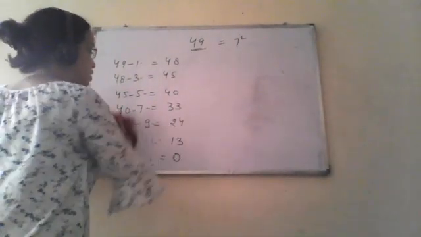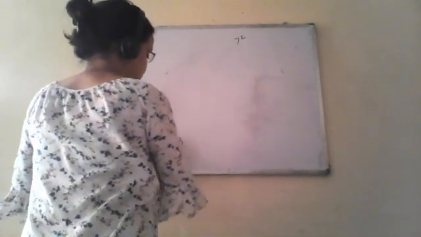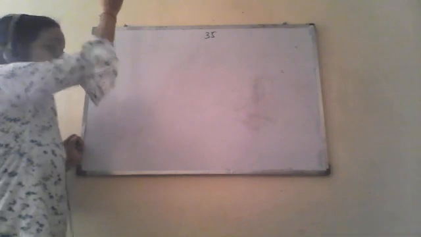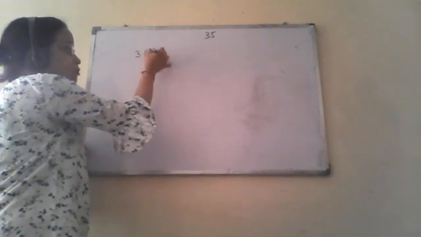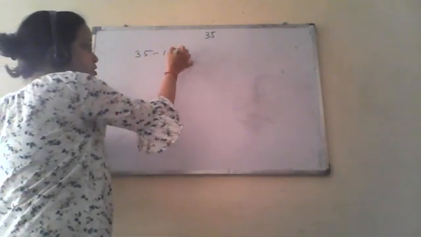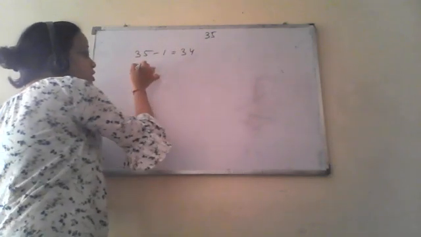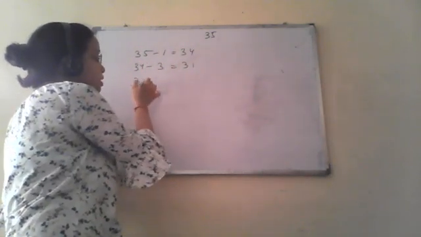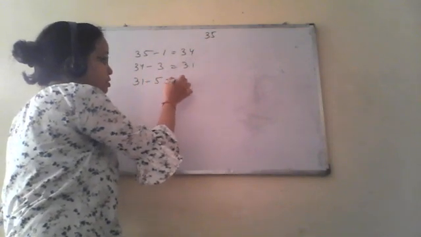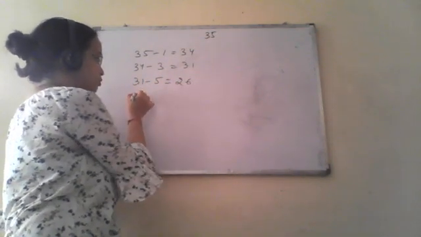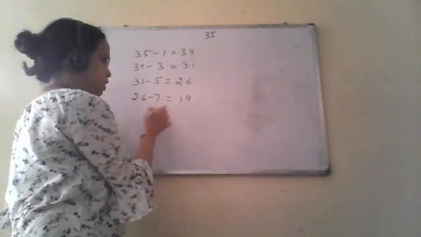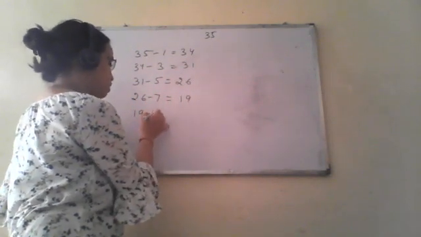Now if we check for another number, say 35. How do we check? First we subtract 1 from it. This is 34. From 34 we will subtract 3. This is 31. From 31 we have to subtract 5. This is 26. From 26 we have to subtract 7. This is 19. From 19 we have to subtract 9.